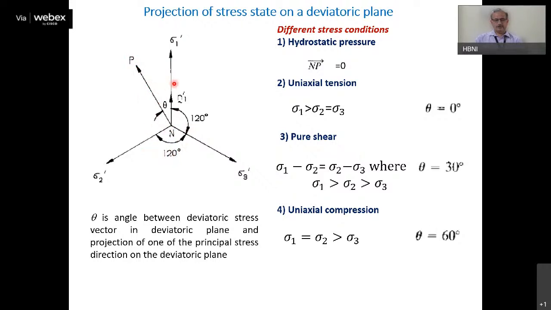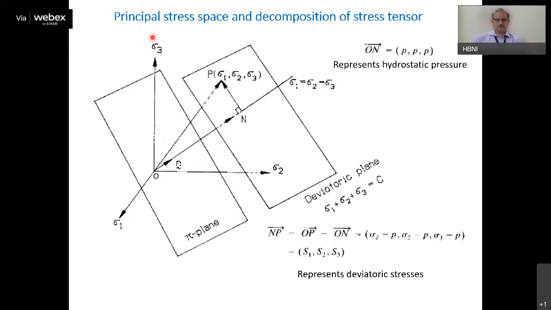Now we can understand what different stress states mean in this case. As we discussed in this principal stress space, when all these principal stress components are equal, this corresponds to hydrostatic compression, which is a point on this diagonal direction.